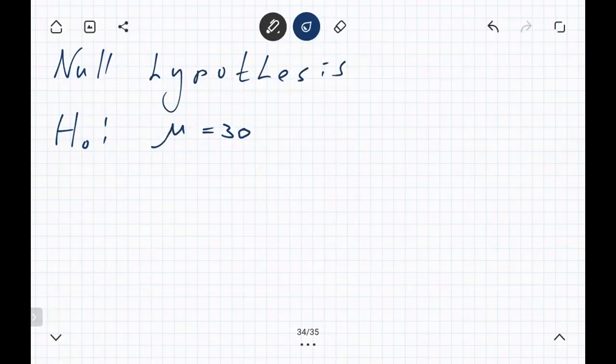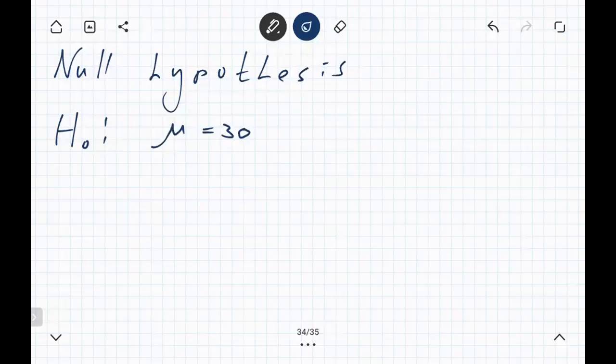If my drug is working, that time should become less. And I'm absolutely not interested in whether it became more. So it became less or it did not.